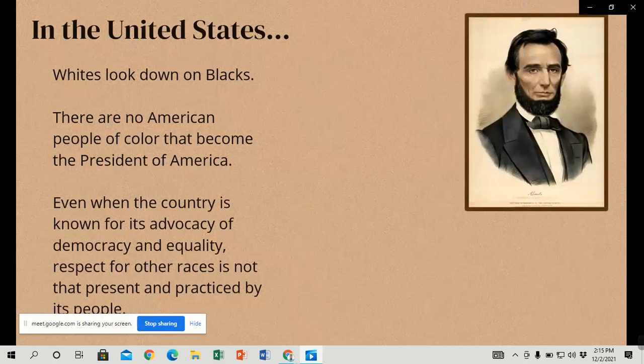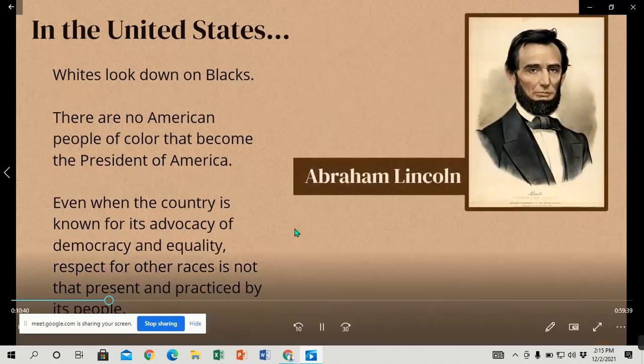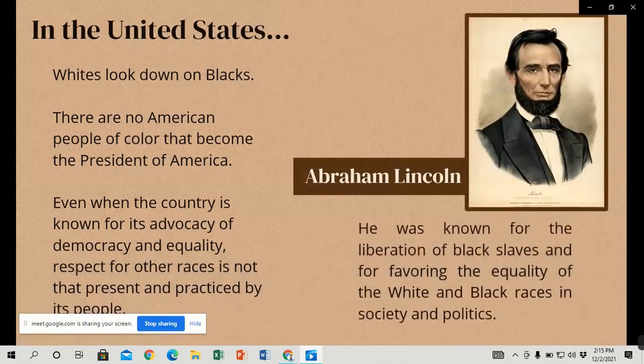And we know this important figure, one of the presidents of the United States. It is Abraham Lincoln, the 16th president of the United States of America. He was known for the liberation of black slaves and for favoring the equality of the white and black races in society and politics. During this time, especially on the issues of slavery, blacks were considered slaves by the whites.